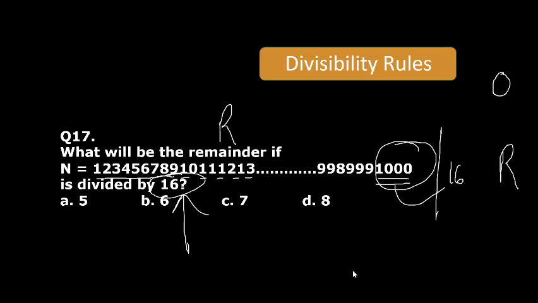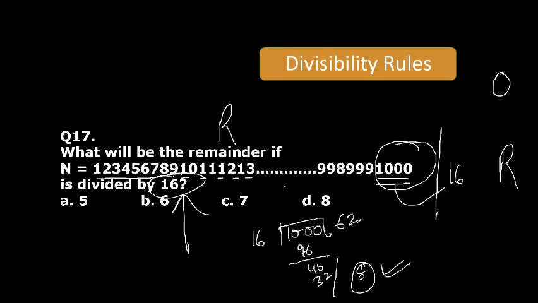D option, last 4 digits. Very good. So the last 4 numbers are 1000, and just divide by 16. 16 6s are 96, 16 2s are 32, and finally you will get remainder as 8. Final answer is 8.